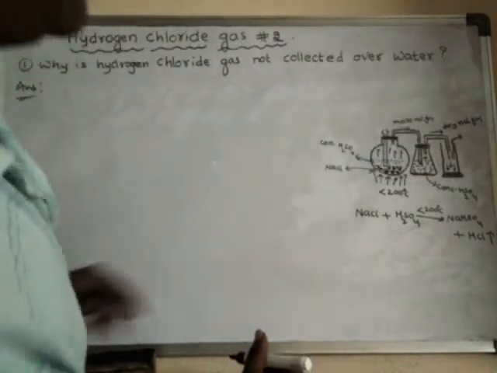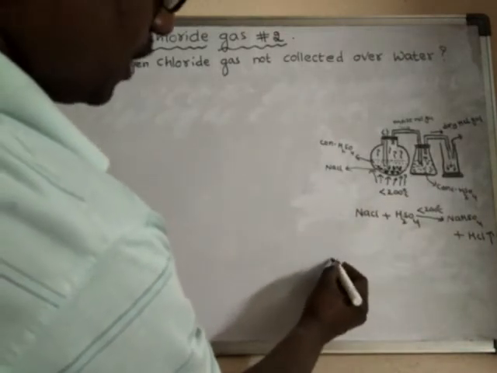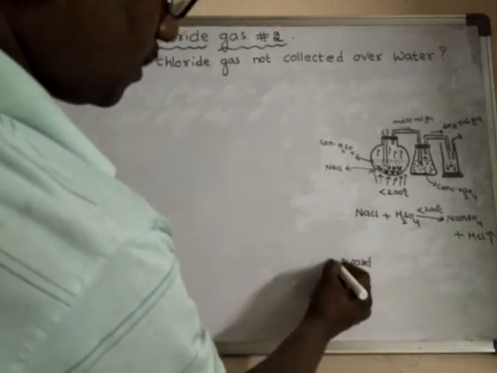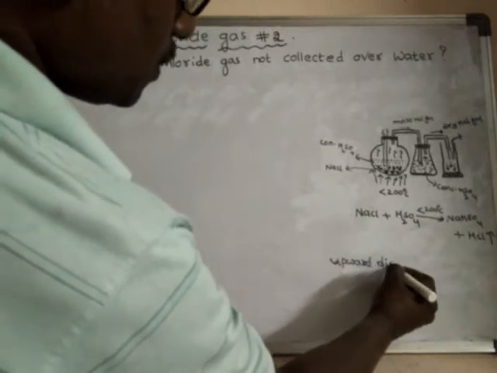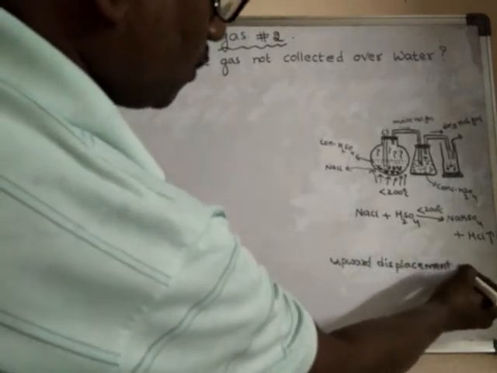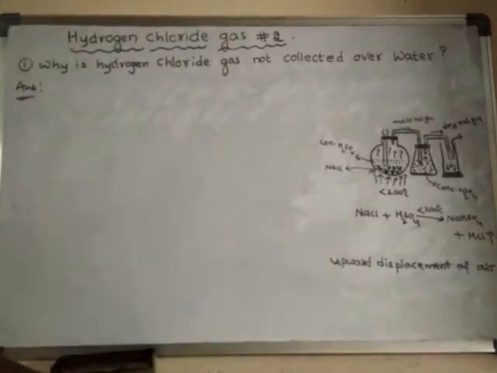So the method of collection of HCl is called upward displacement of air. All these things we have learned in our previous video.